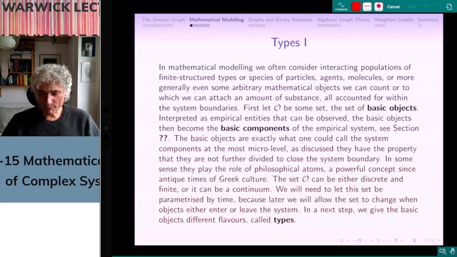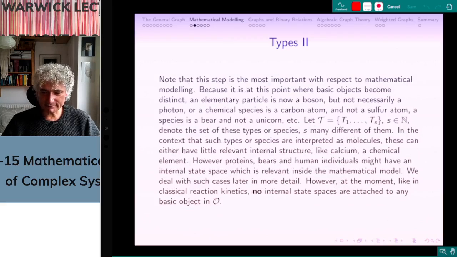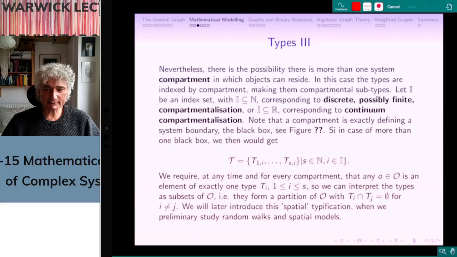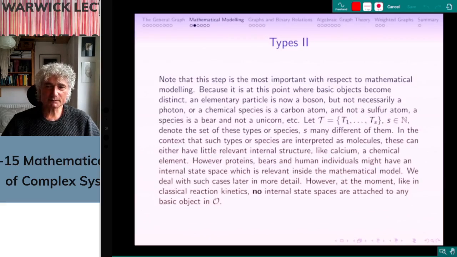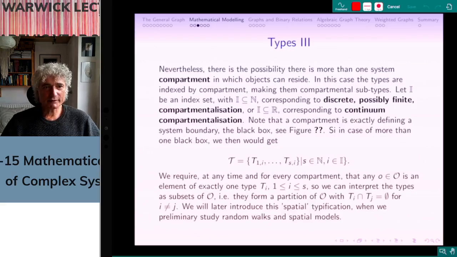And now all these basic components will be in a so-called black box, as we discussed it. The black box will now be called a compartment.